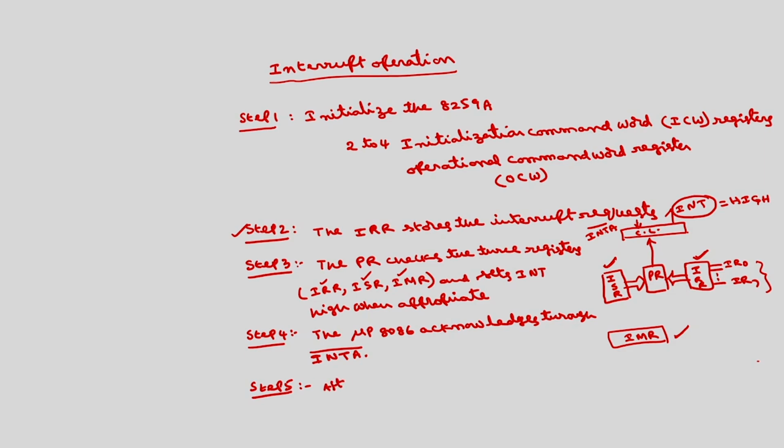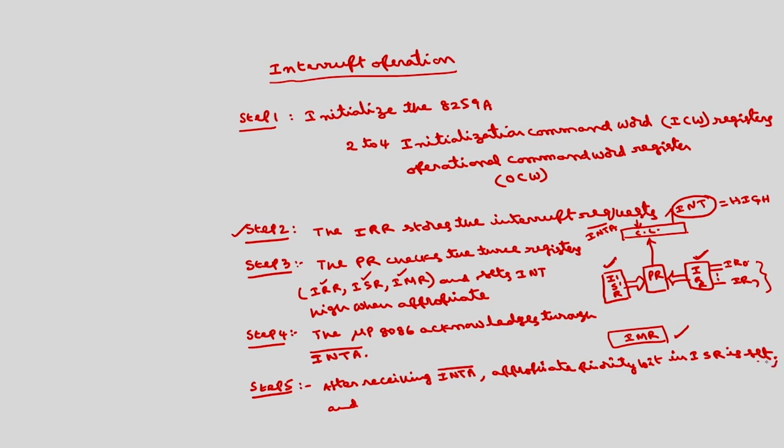After receiving INTA bar, the appropriate priority bit in ISR is set. So, in ISR, if this is IR0, then the IR0 bit will be set. If it is IR1, the IR1 bit will be set, like that. And at the same time, it will reset the corresponding bit of IRR, indicating that the request has been accepted.